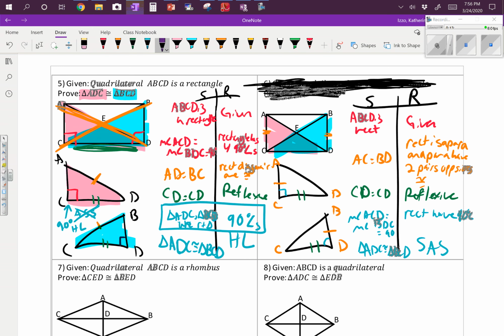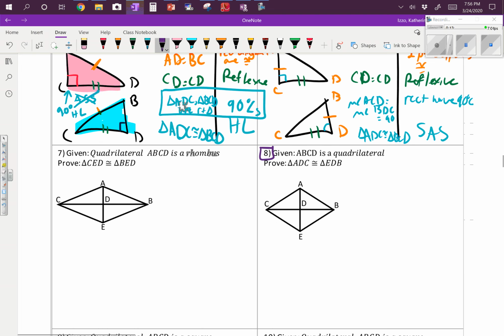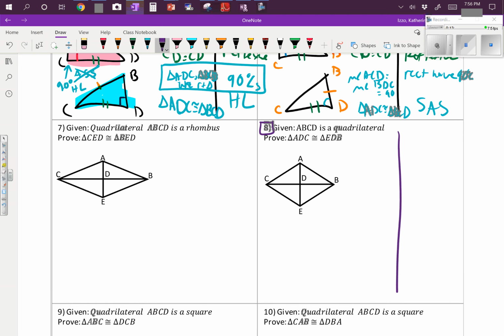Now, I do want to go over number 8 because everybody gets confused with number 8. Statement reason chart, ABEC is a quadrilateral, and that's given.